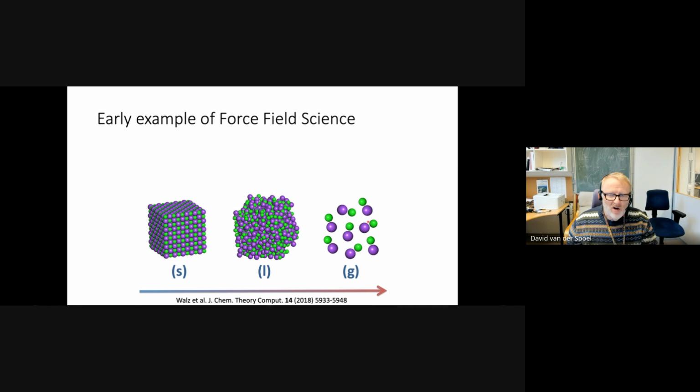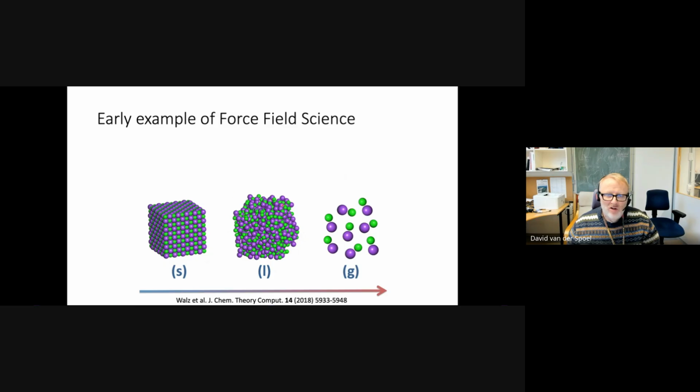So here's an early example of force field science from my group where we made a model for alkali halides that worked in the gas phase, in the liquid phase, and in the solid phase. There are hugely different temperatures. If you think about sodium chloride, for instance, it forms a nice crystal and it melts around 600-700 K, if I remember correctly.